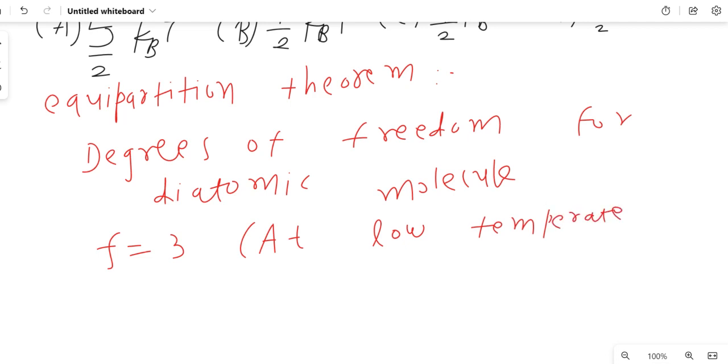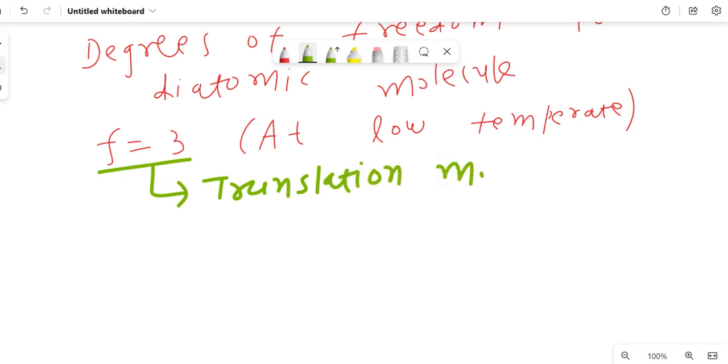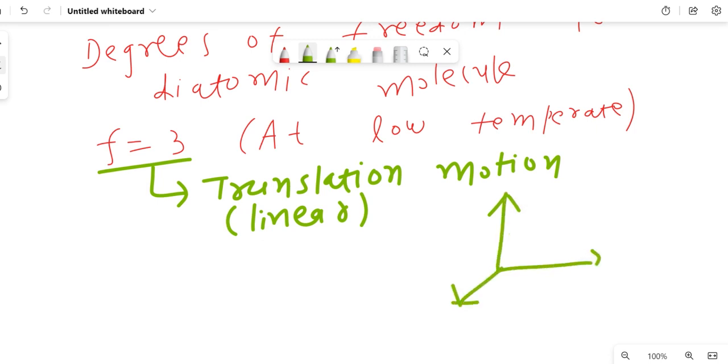And these 3 degrees of freedom contain only translation motion. Translation means linear motion. There will be only 3 degrees of freedom, in the x direction, y direction and z direction. But this is at low temperature.